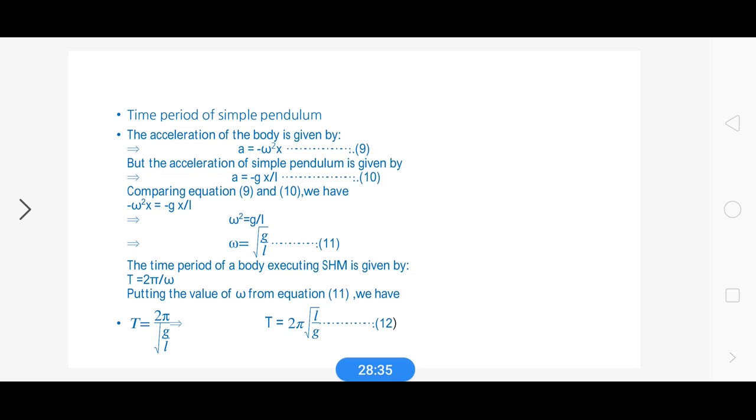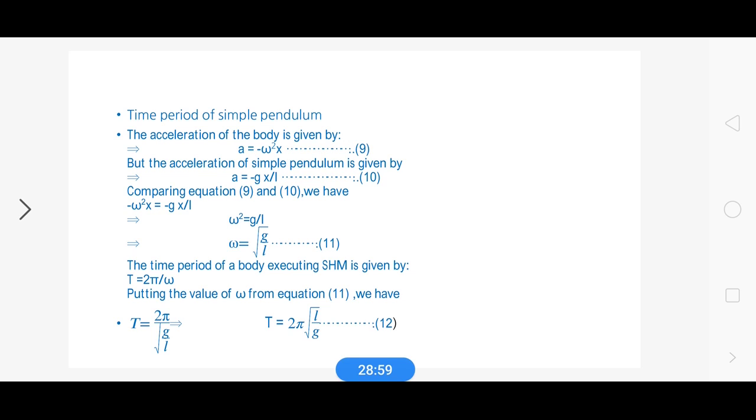Then the time period of the simple pendulum. How to get the value of the simple pendulum's time period? The acceleration of the particle, we got an equation that A is equal to minus omega square x.